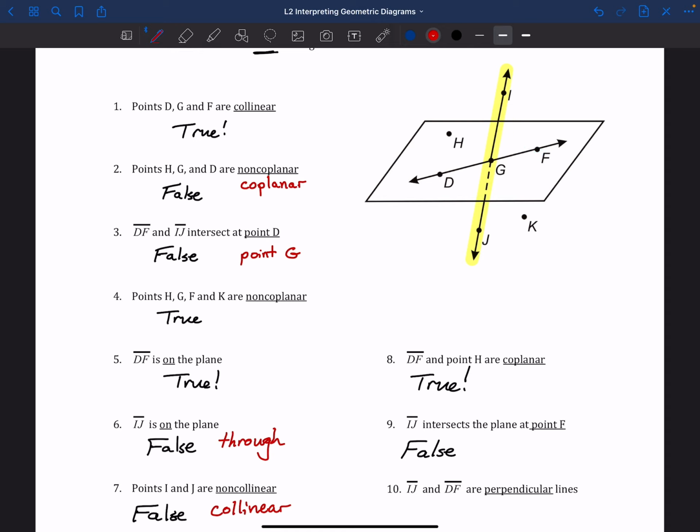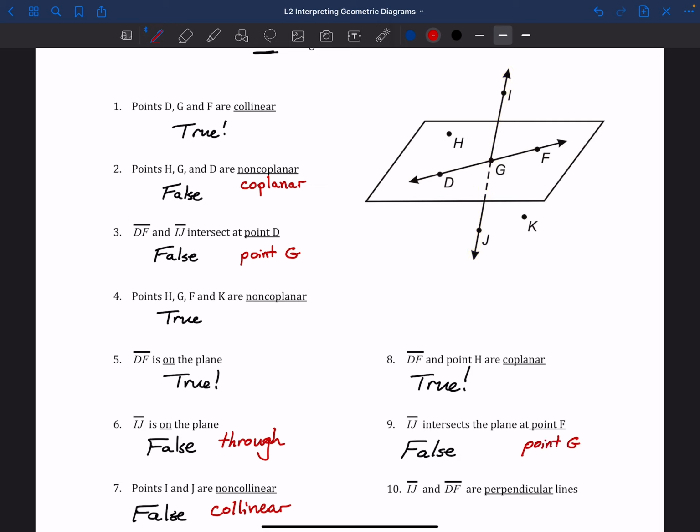It's that point where we go from solid line into dashed line. That's what's telling me that I'm kind of in front of the plane and then all of a sudden behind it. If you imagine like poking a pencil straight through a piece of paper, you can see the top of it, but you can't see the bottom of it because the paper's now in the way, right? So instead of saying intersecting at point F, we would intersect at point G.